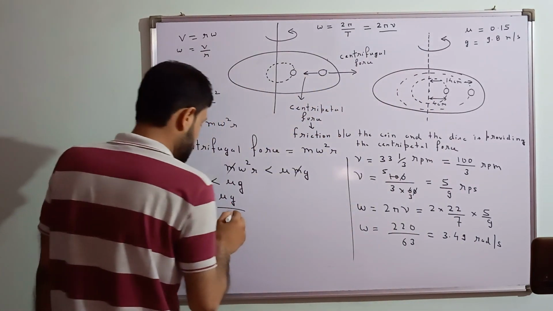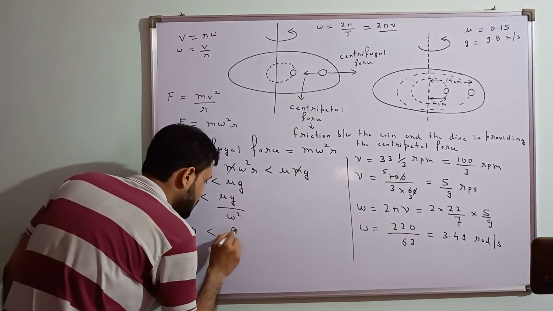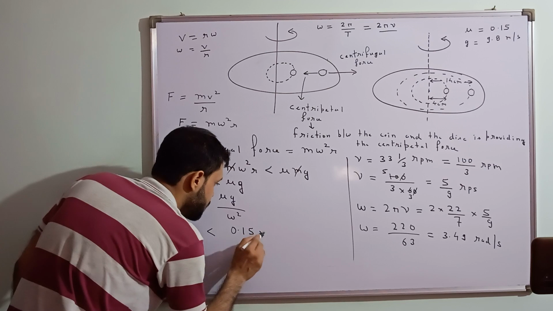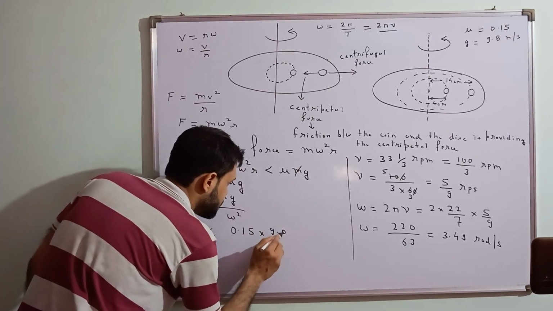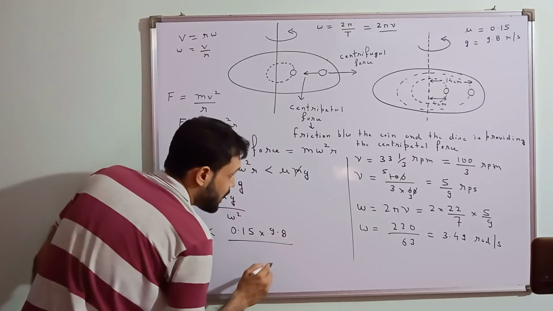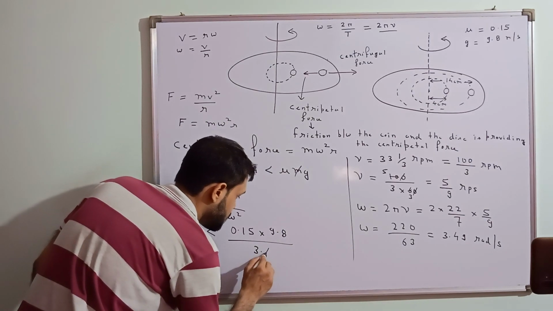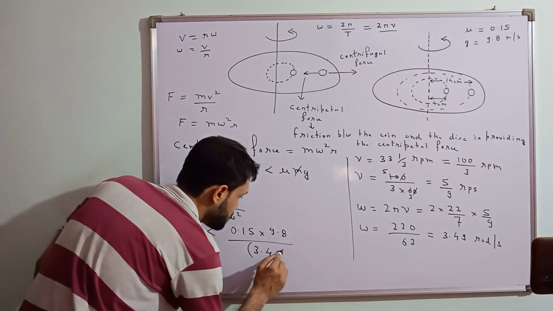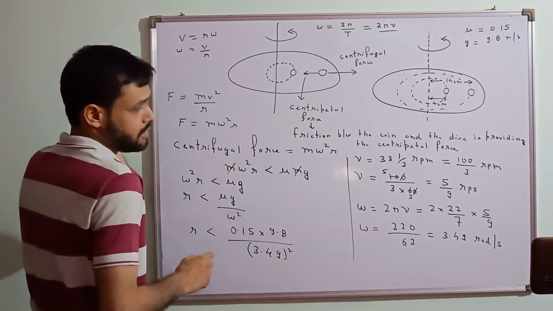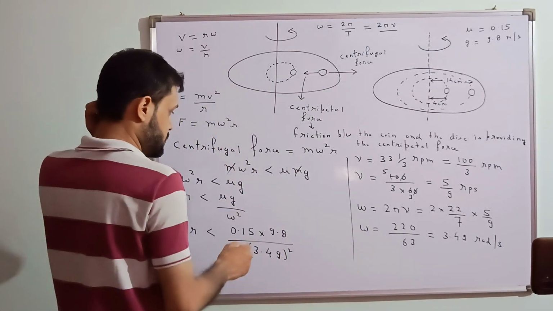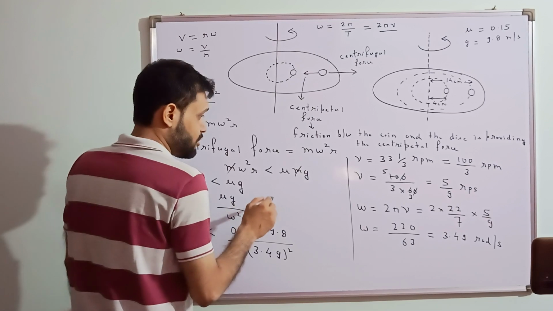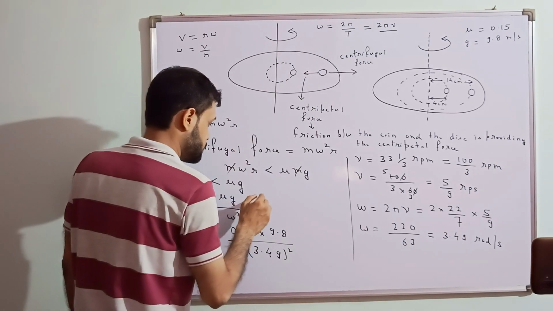So now let's put the value. Mu is 0.15, g is 9.8, and omega is 3.49 square. Is it okay?